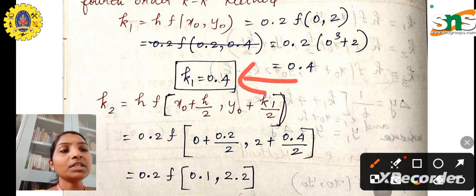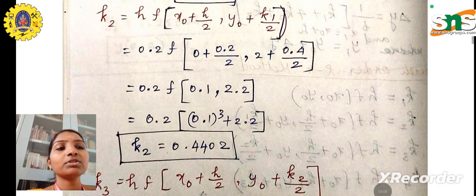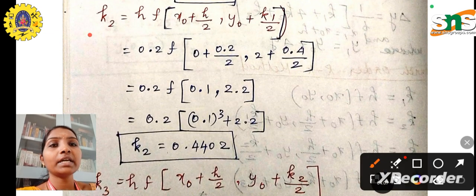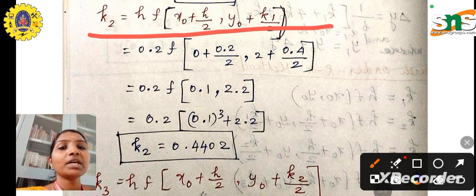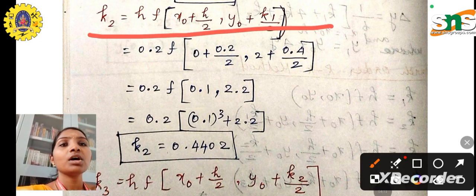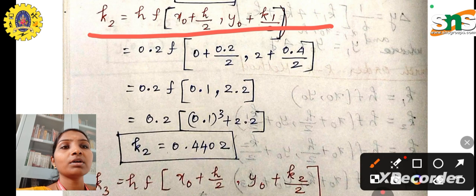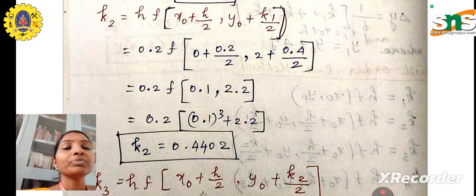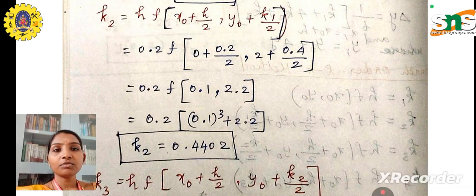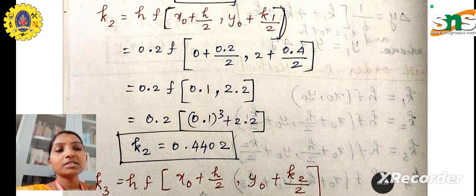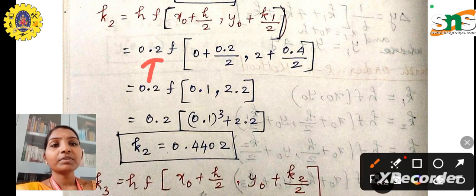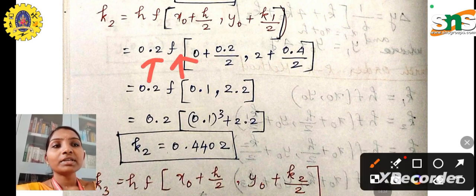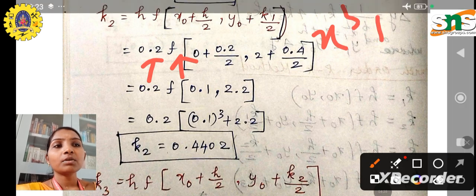Now in the next step, we have to find the second constant, which is k2. K2 is equal to h into f of x naught plus h by 2 comma y naught plus k1 by 2. This is the formula we have learned. H is 0.2 as discussed earlier, and f of x comma y is x cube plus y.